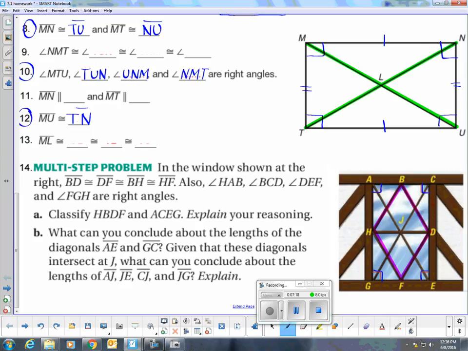So we need to classify a couple of different quadrilaterals. The first quadrilateral is HBDF. It is a rhombus, and the reason why we know that is a rhombus is that a rhombus has four congruent sides.